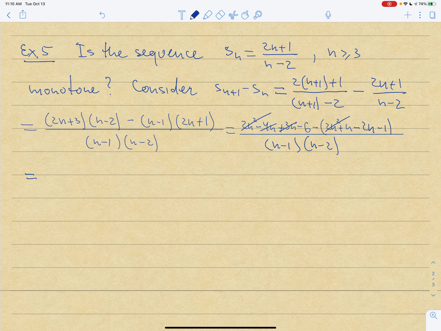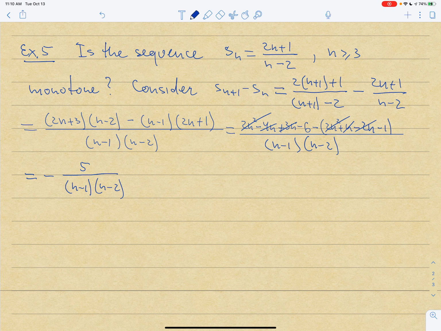There is a minus sign in front, so minus 2n plus 2n, right? So that is 0. And then minus 6 plus 1, so minus 5, over (n-1)(n-2).